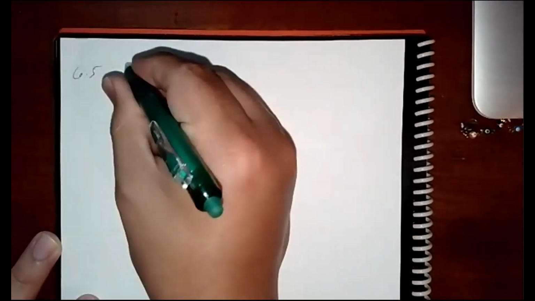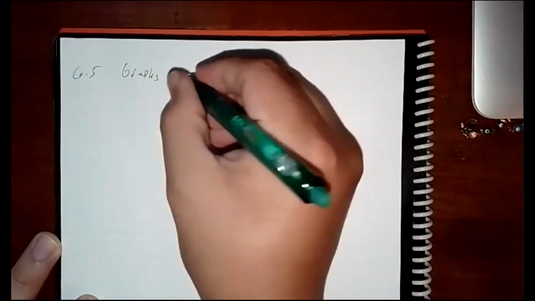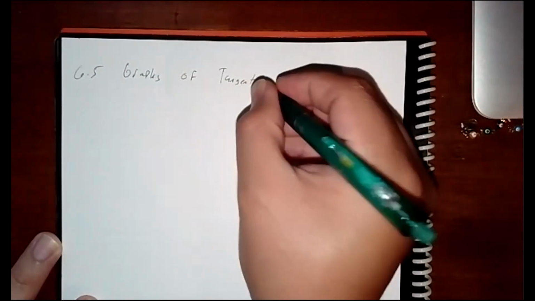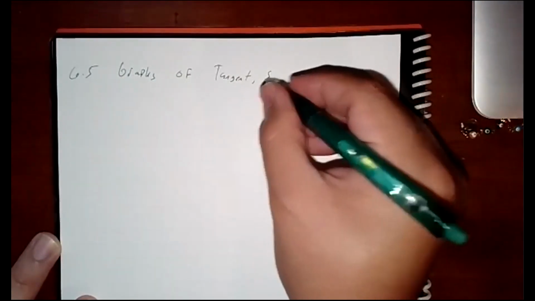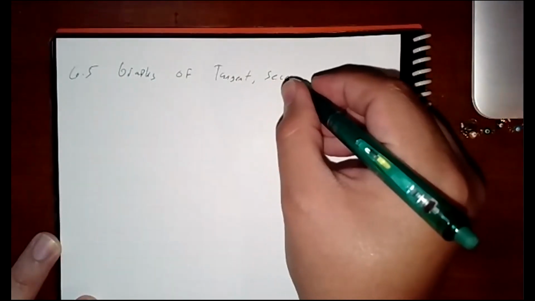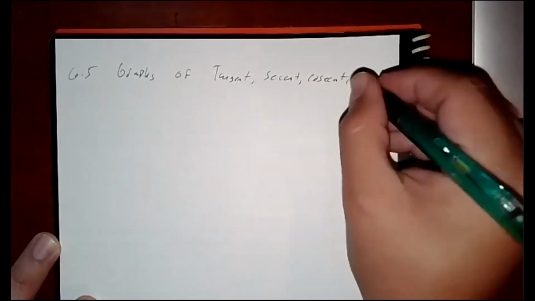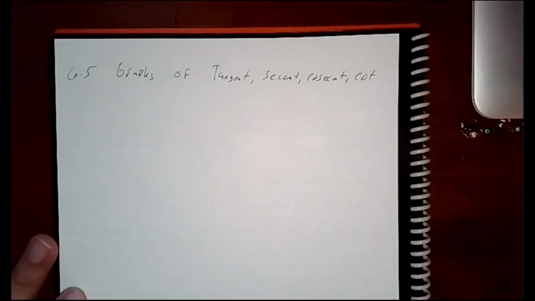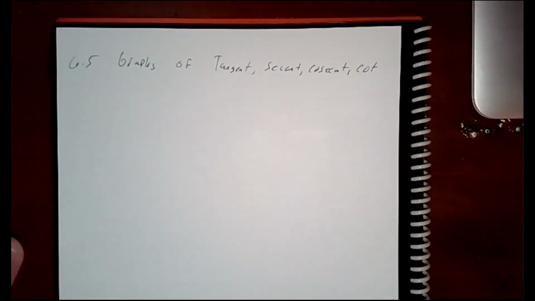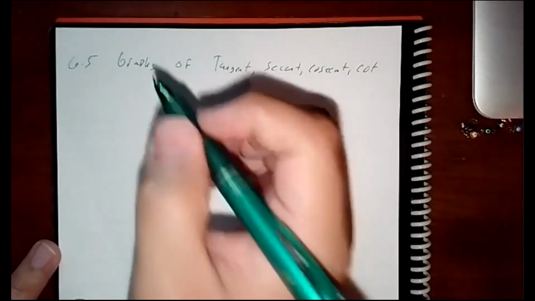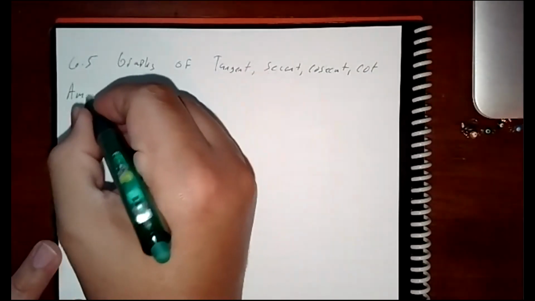Amplitude will be the same. So 6.5, graphs of tangent, secant, cosecant, cotangent. We already looked at it. We already saw what they look like. The amplitude for tangent is the same, but let's go ahead and write it.